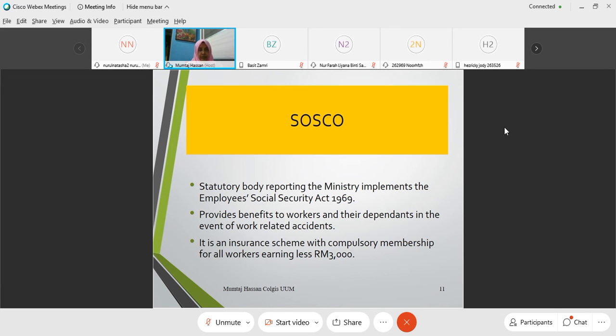It's a very good insurance scheme where if anything happens to you during work, or on the way to work, or while you are at work, you will be protected under SOCSO. And the salary ceiling is below 4,000. So can you understand SOCSO applies to whom?